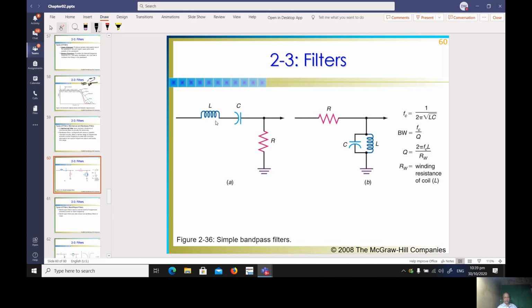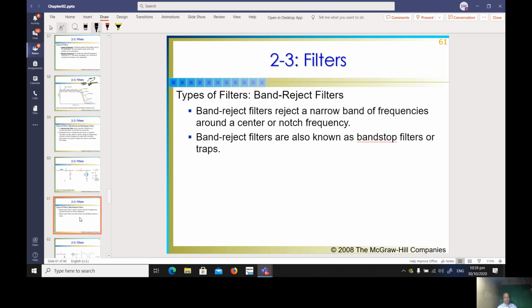So, a combination of LCR, or this one, that is a band pass. Band reject is a narrow band of frequency around the center, or we call it a notch.